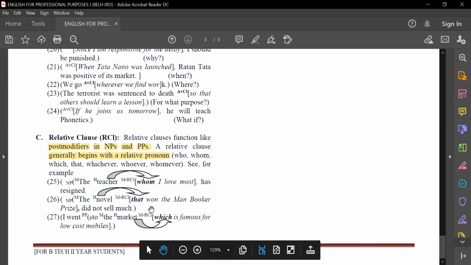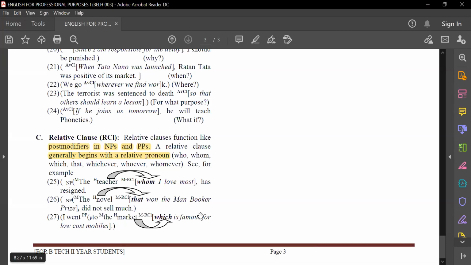So we can see how this post modifier can also be understood as a relative clause. Relative clauses work as a post modifier for NP and PP, and should start with a relative pronoun.